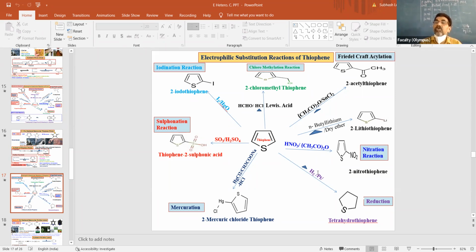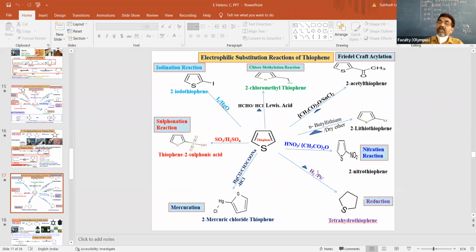Which reagent is used for nitration of thiophene? Your answer must be acetic anhydride and acetic acid, or another reagent that is also given, acetyl nitrate, CH3COO-NO2. At the same time, we also have Friedel-Crafts acylation.